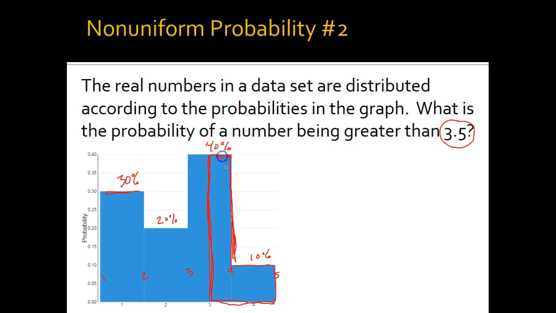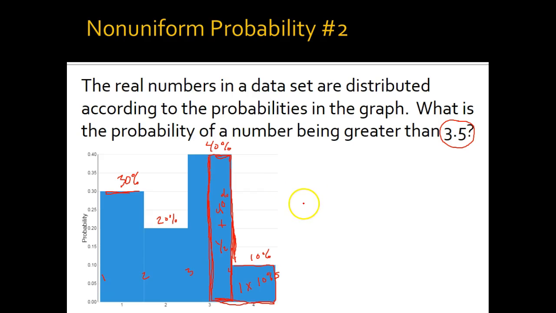We can think about that as half of the 40% column, and notice that the widths are all 1, so this is half, the width is 1/2 and the length is 40%. And then this little tiny rectangle here has a width of 1 by a height of 10%.